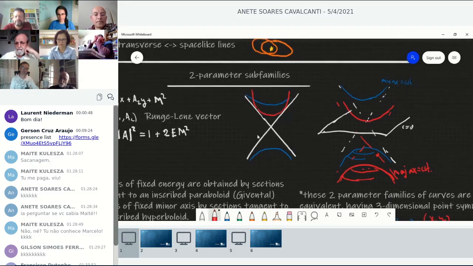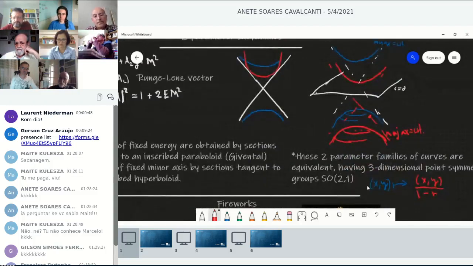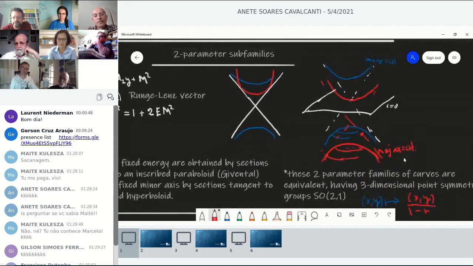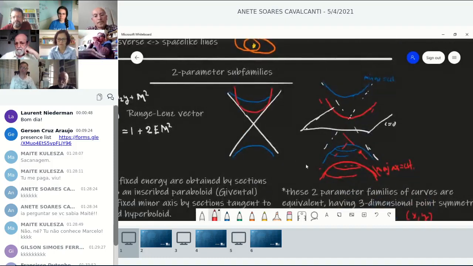They centrally project to curves in the plane, and they're all kind of the same if you're just looking at them from the point of view of diffeomorphisms of the plane. I think there's lots of neat other families of curves you could try to use these symmetries for, to say something geometric about the family. Thanks.